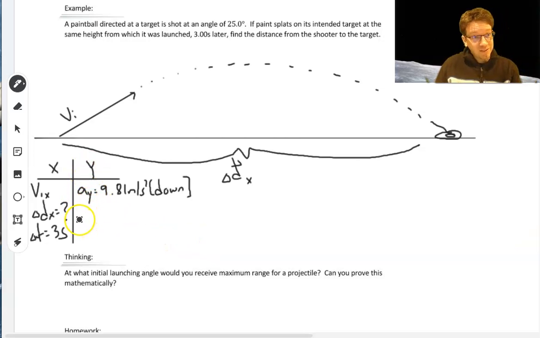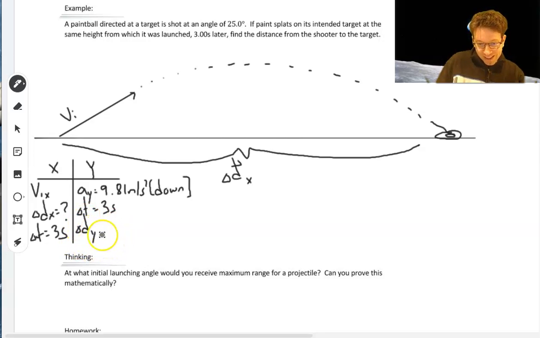I don't know final velocity in y. I do know time, right? Remember, time's the one thing that goes across both components, so that's 3 seconds. And I also know my displacement in y. So let's think about this for a second. I don't know how far it's moved, but I know my displacement in y, and that's written right here.